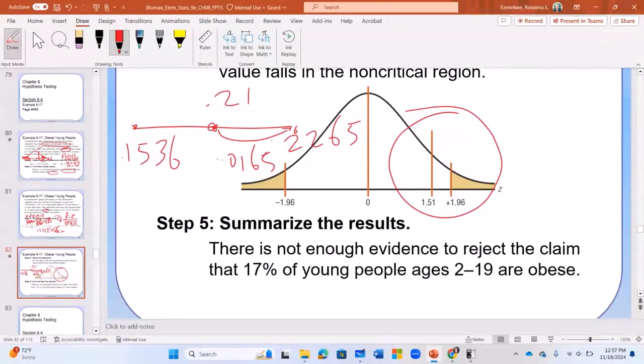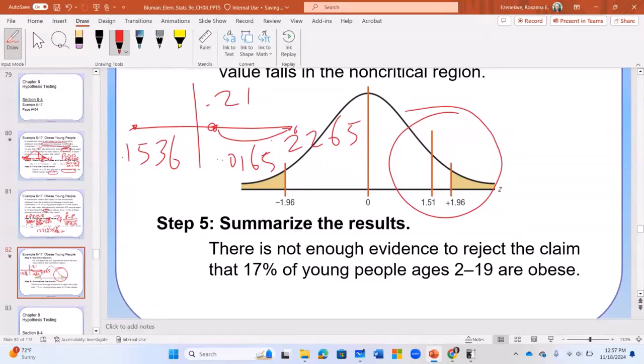Okay, so what do we see? The most important thing is: does this interval contain the hypothesis from the CDC? Does this interval contain 17%? Yes, it does. 17% is somewhere here.